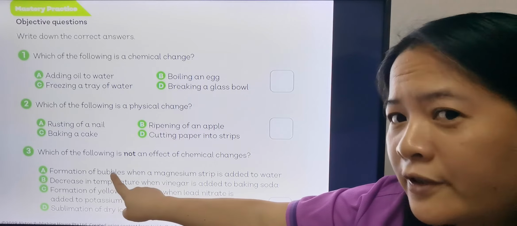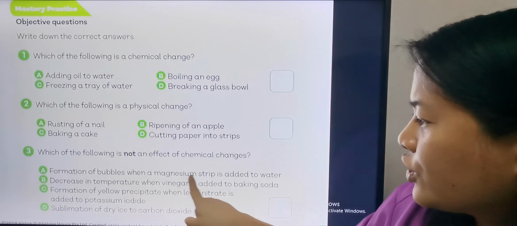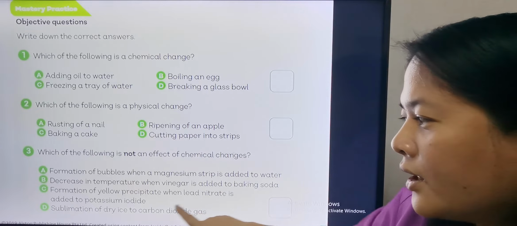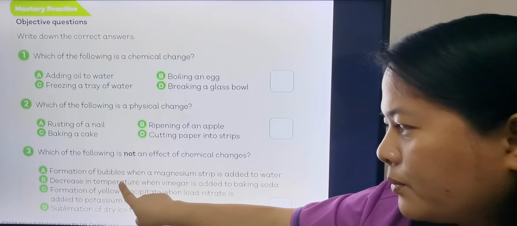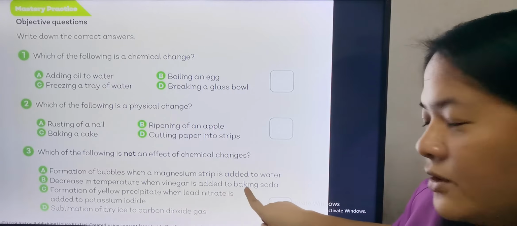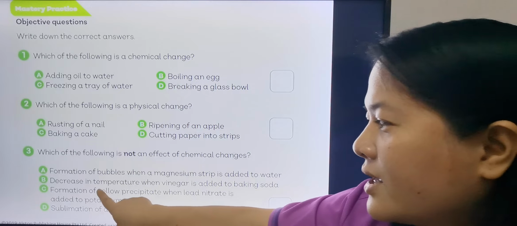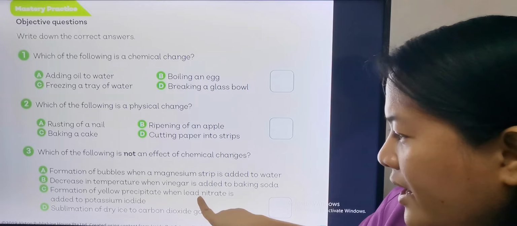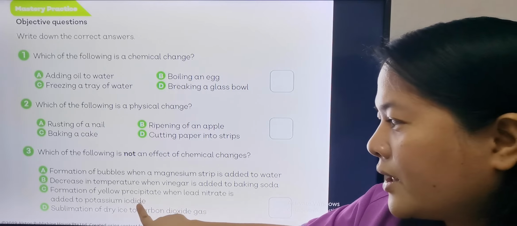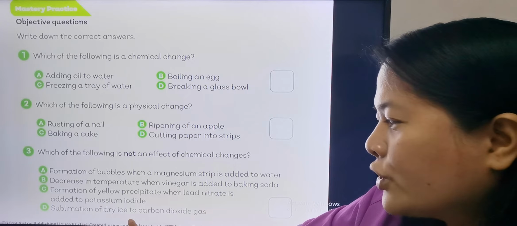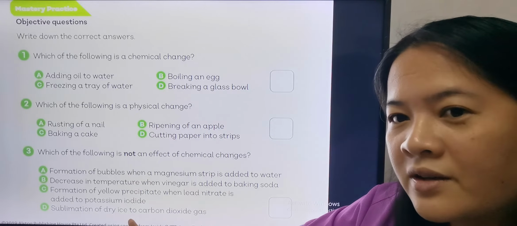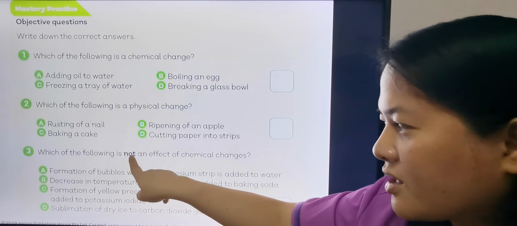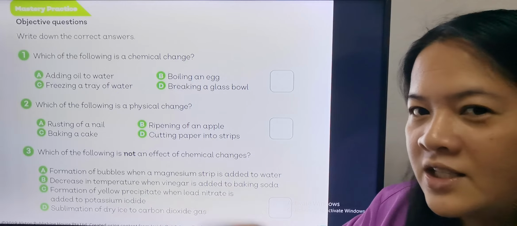Letter A, formation of bubbles when magnesium strip is added to water. Is it decrease in temperature when vinegar is added to baking soda? Is it the formation of yellow precipitate when lead nitrate is added to potassium iodide? And sublimation of dry ice to carbon dioxide gas. Okay, so which is not chemical changes?